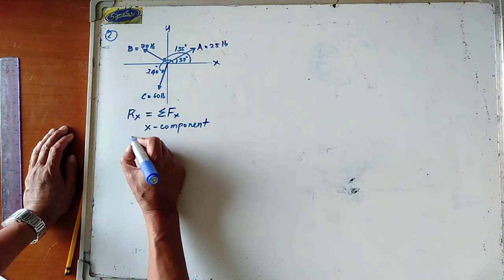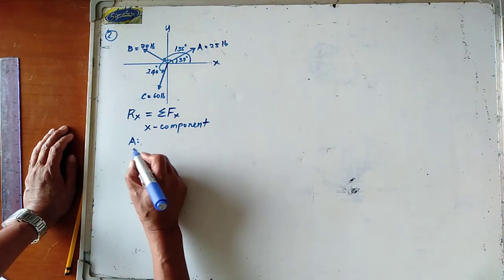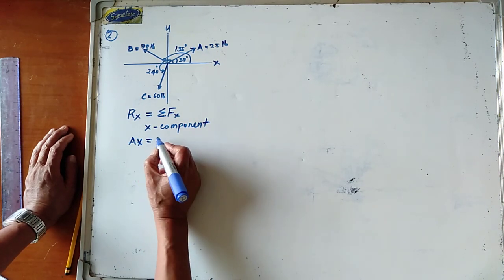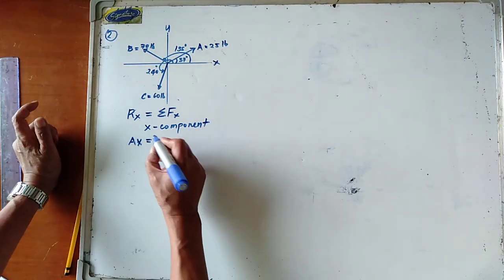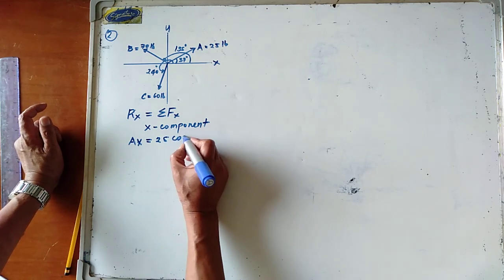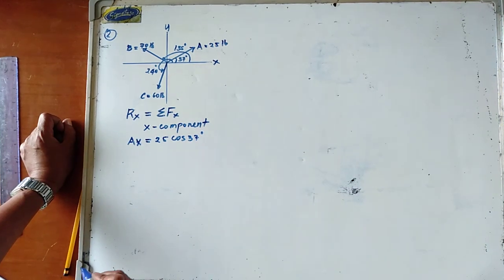The component of A in the x direction is going to the right, so it is positive 25 cosine of 37 degrees.